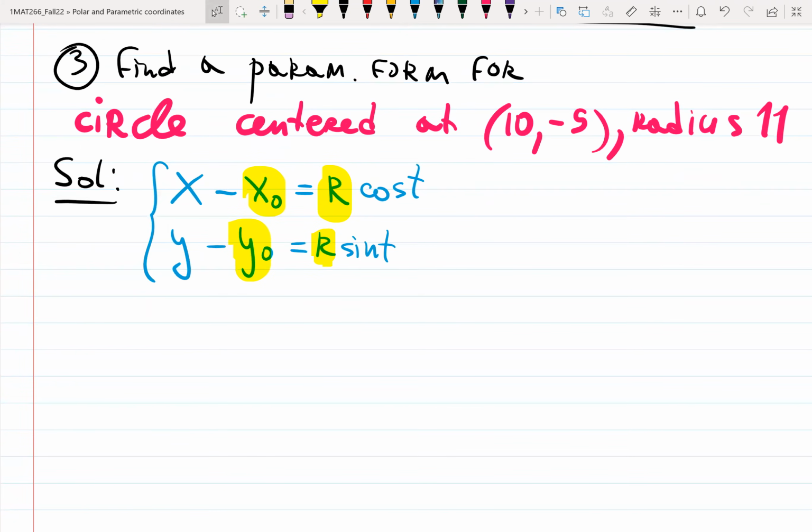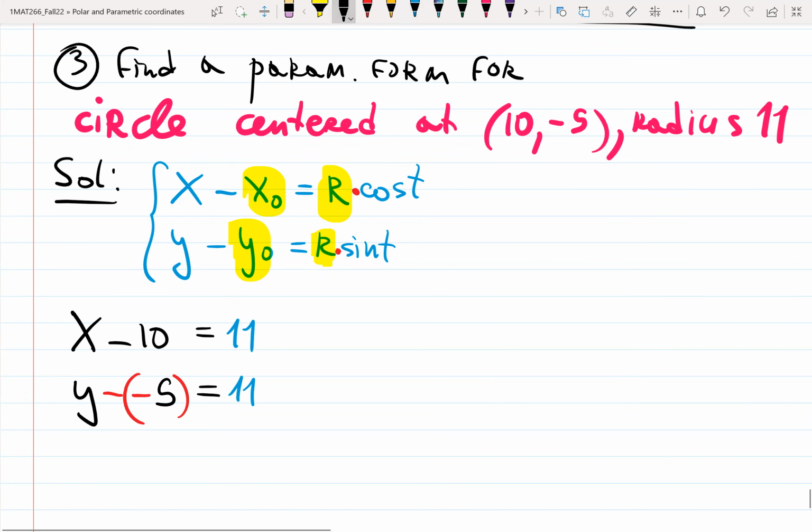If I give you different numbers, do you know which one is correct? The correct one is x minus 10 and y plus 5, since minus minus 5 gives you plus 5. That is the correct beginning. And then the radius is always attached to the trigonometric function. So it's going to be 11 multiplied by cosine t and sine t.